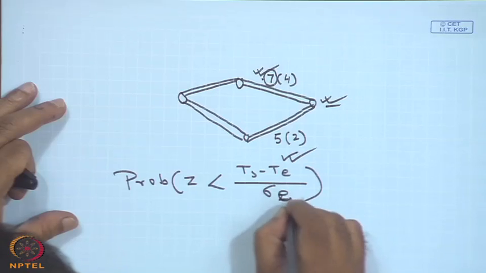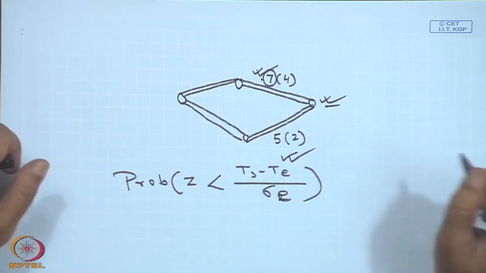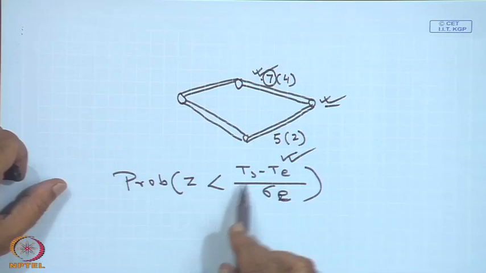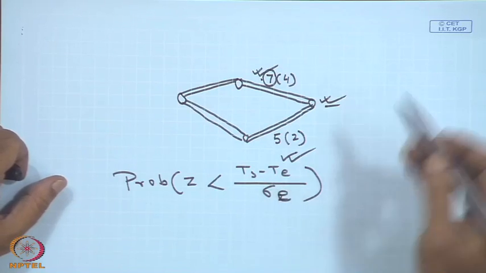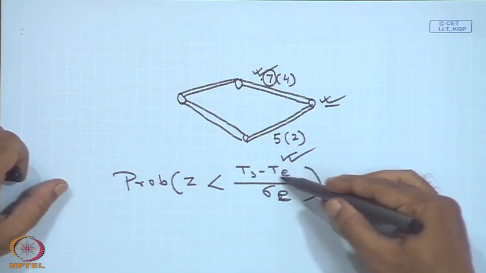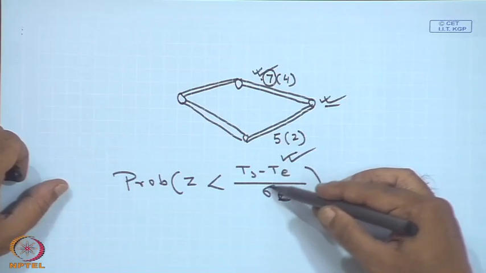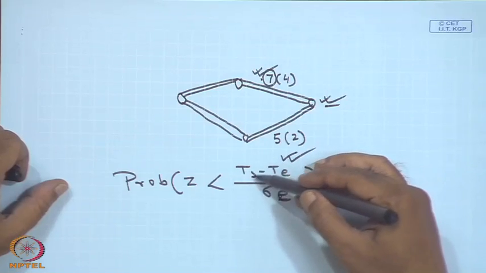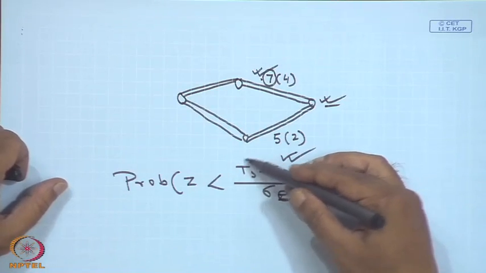I am telling, sigma e means expected, that I will talk about. So, I want to find out this probability. If you know, at a point of time in the middle of the project, I can find out the expected completion time, I can find out sigma e, and I have to find out the value of this Ts.